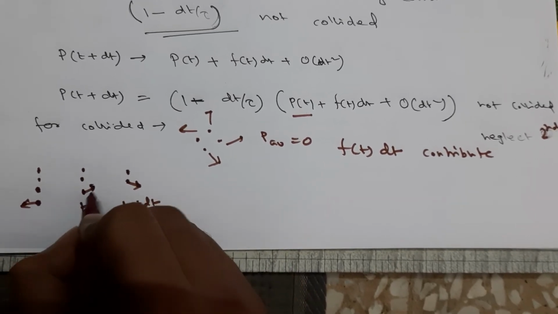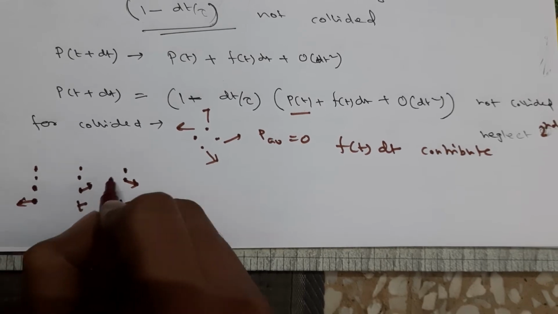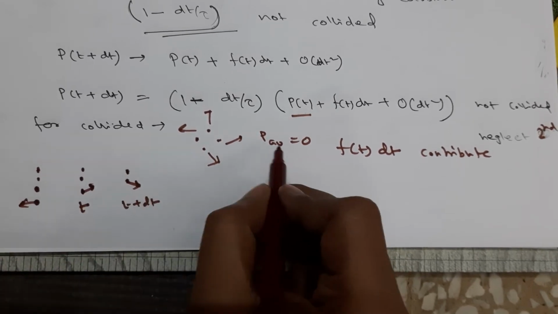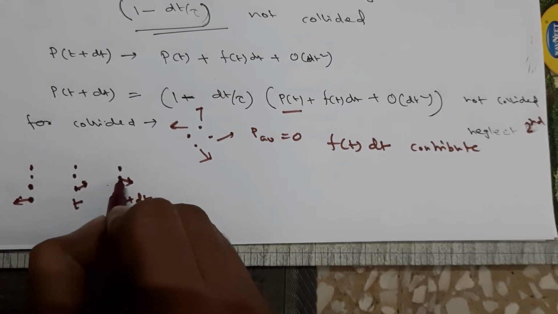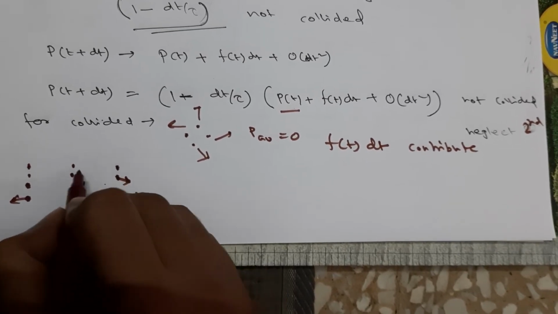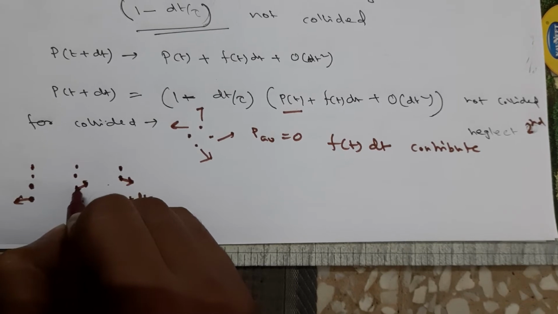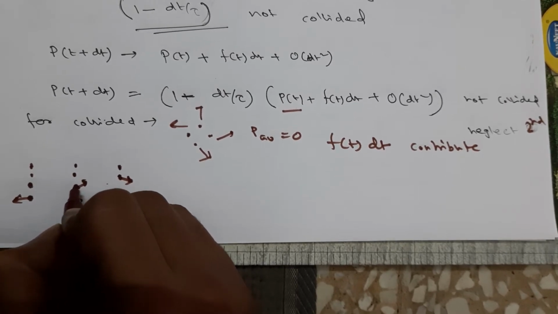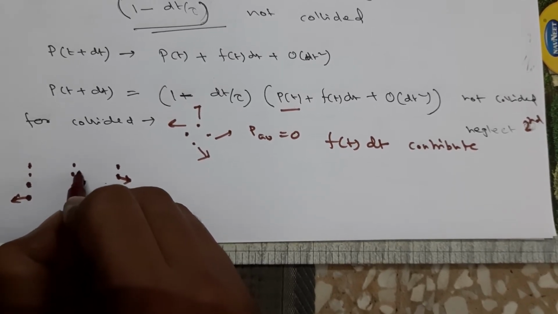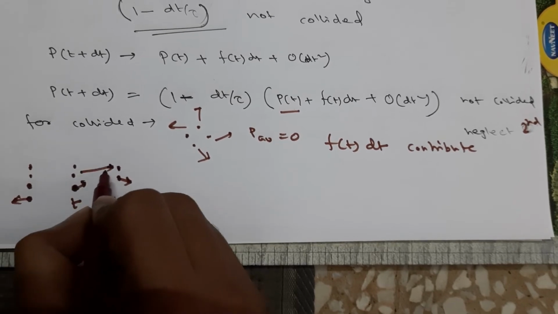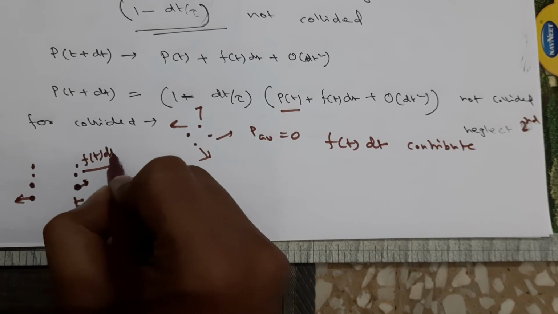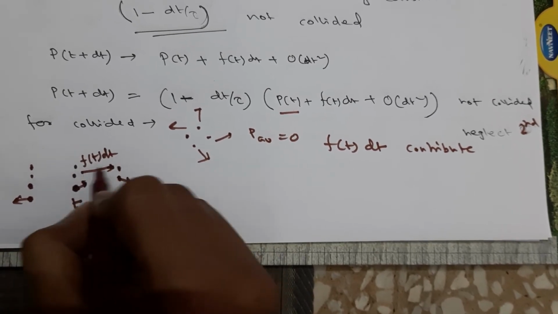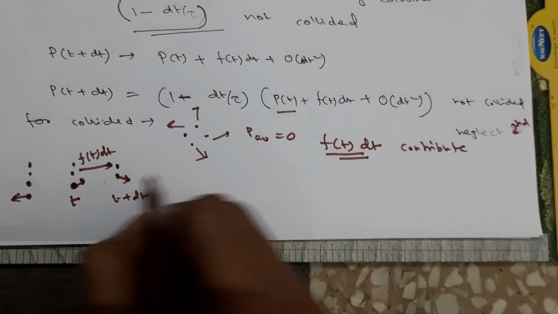If it has collided, then it goes in a random direction and the average velocity goes down to zero. So for the electron that has not collided, it has only this force acting on it, and in dt time it gains only this momentum.